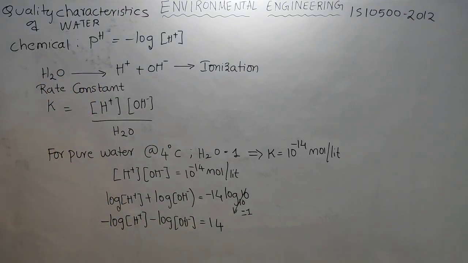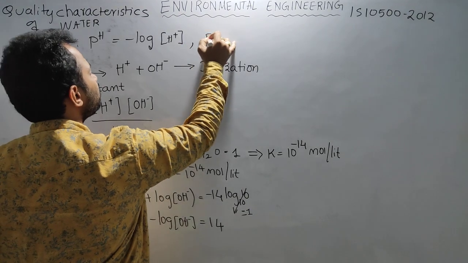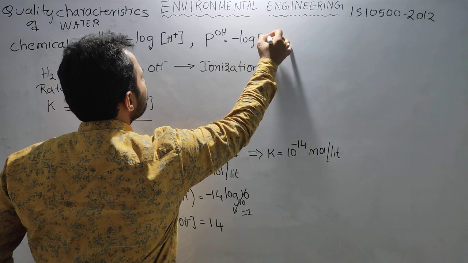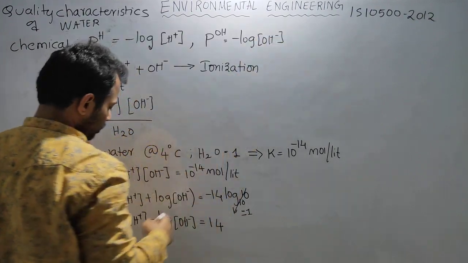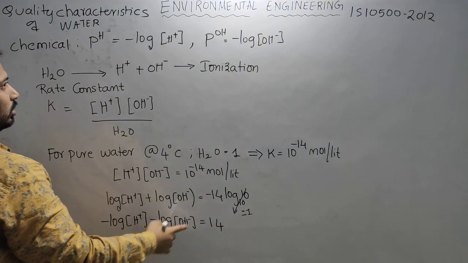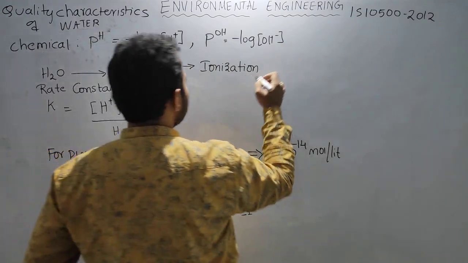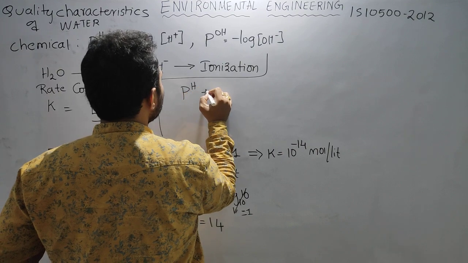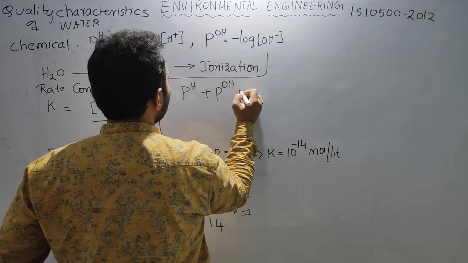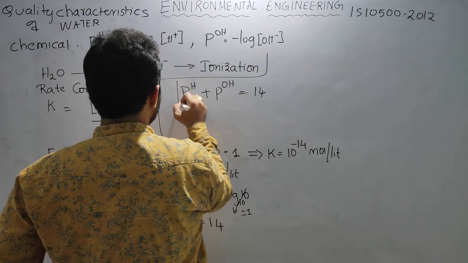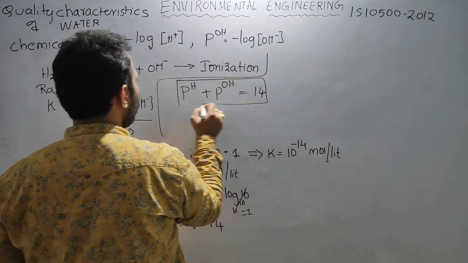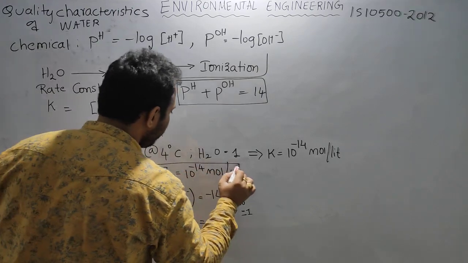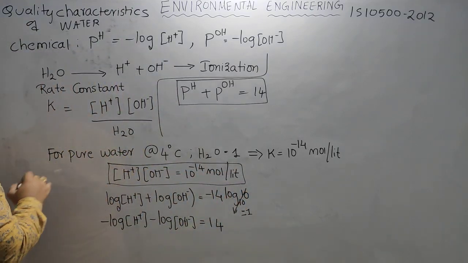pH is the negative logarithm of H plus ion. What is pOH? Negative logarithm of OH minus ion. So this is pH, this is pOH. So pH plus pOH is equal to 14. This is one thing you need to remember, and this is another important formula you need to remember for the calculations.